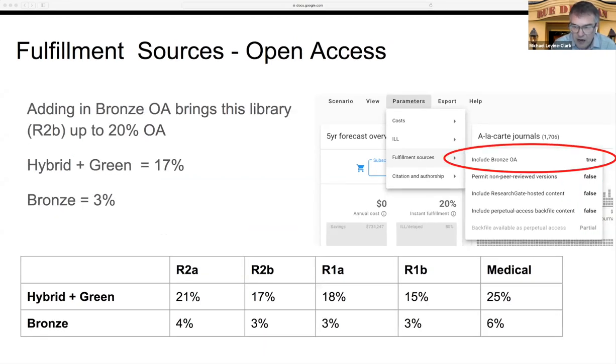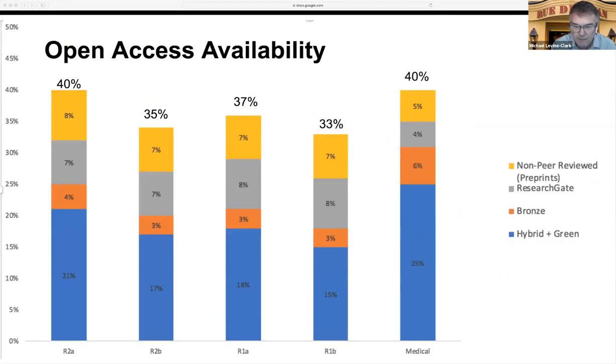And then we started to toggle them back on to see what the numbers are. You can see that if we include bronze, it adds from 3 to 6% more content. And ResearchGate stacked on top of that adds somewhere between 4 and 8%. And then the non-peer-reviewed adds somewhere from 5 to 8%. And you can think about whether you want to include all or some or none of these in your calculations.